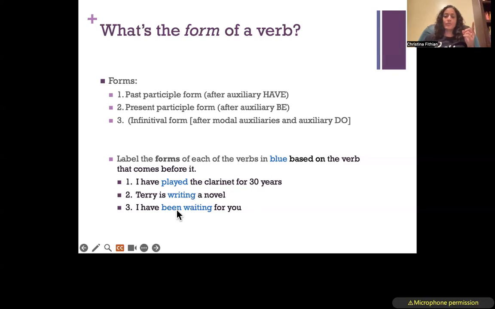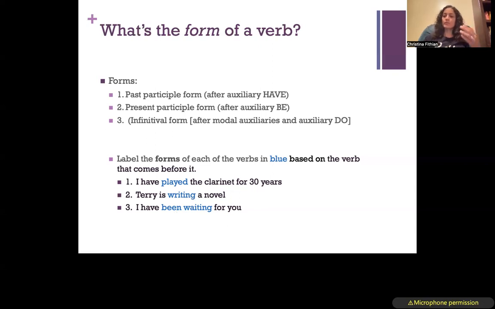So if I have any form of auxiliary be, and I know it's an auxiliary because there's another verb, wait, that comes after it, that means that waiting must be a present participle, because only a present participle form of a verb can follow auxiliary be. Okay, so now we get to auxiliary be. And we notice it's in this strange form, been.